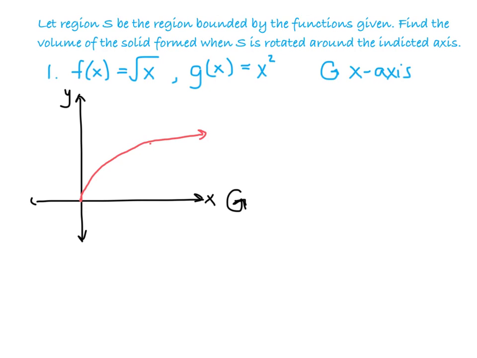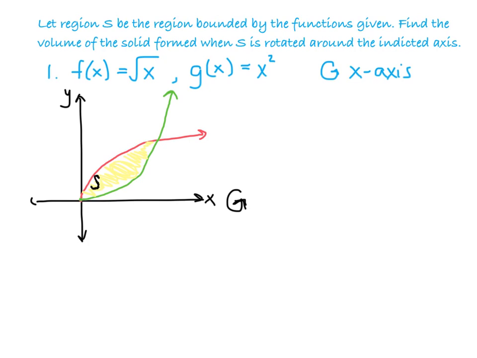And then we'll also graph in y equals x squared, which also has 0, 0 and 1, 1 as an intersection point. So we have those two functions graphed in. And of course, this region that is enclosed between them is our region S. All right, so we have that picture drawn.